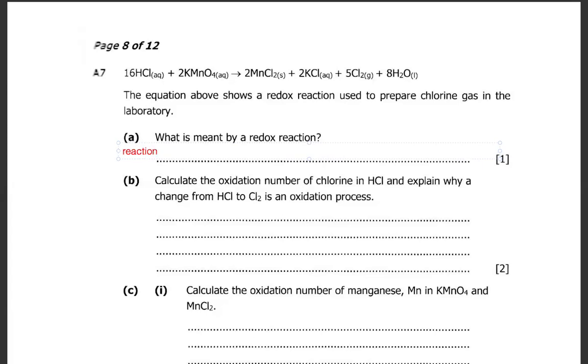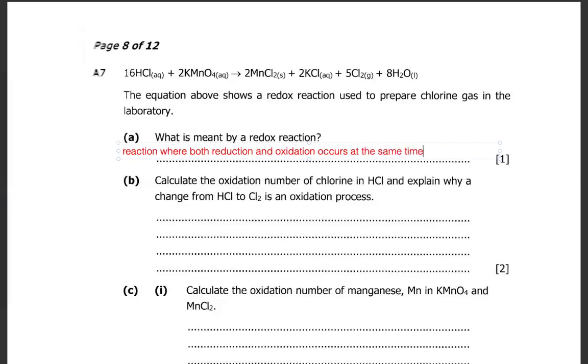Okay, so the reduction and oxidation of electrons. Don't restrict yourself to one item. Remember, reduction and oxidation can be defined not only in terms of electrons, you can talk about oxygen, hydrogen, and oxidation number. So it's better to just say it's a reaction where both reduction and oxidation occur at the same time.